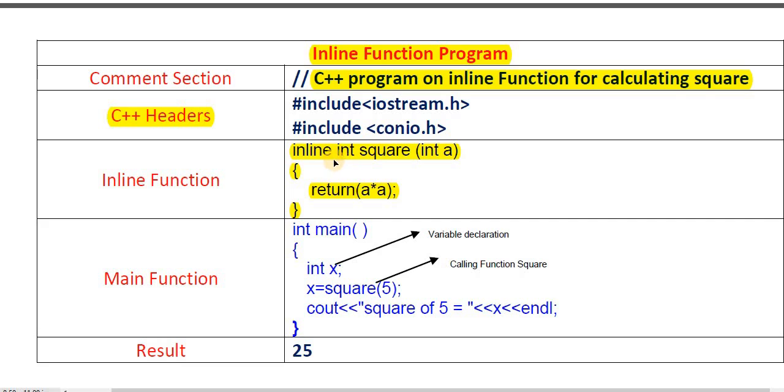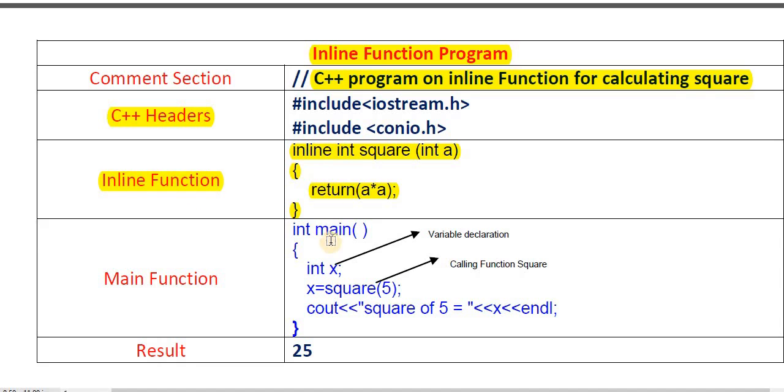Why is it an inline function? Because this function is defined using the inline keyword. Square is the name of the function, only one parameter a is used, and this is the body of the function. We are calculating a into a, the square of a number. The square function is defined with the inline keyword, hence it becomes an inline function.